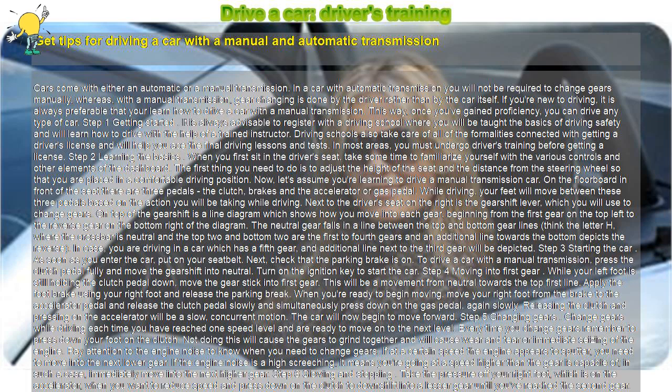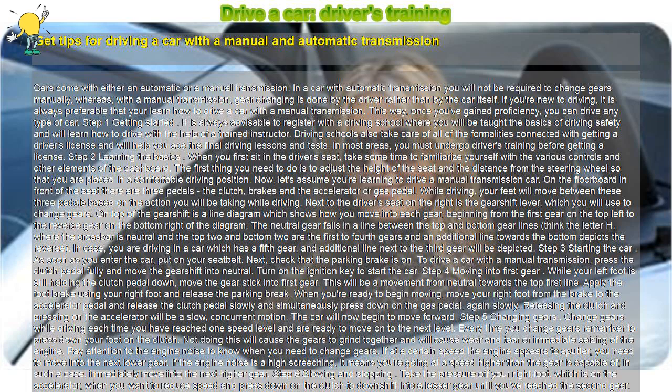On top of the gear shift is a line diagram which shows how you move into each gear, beginning from the first gear on the top left to the reverse gear on the bottom right of the diagram. The neutral gear falls in a line between the top and bottom gear lines.